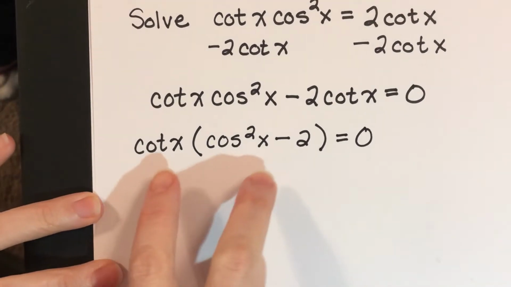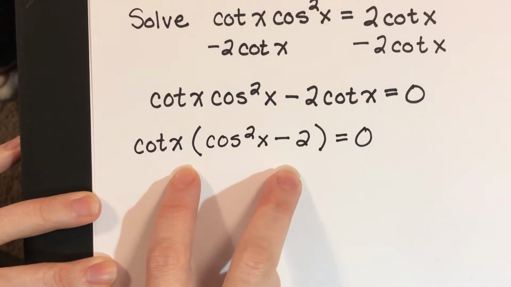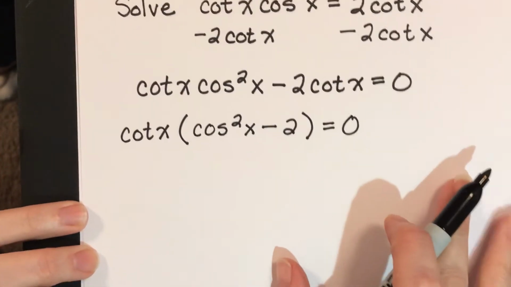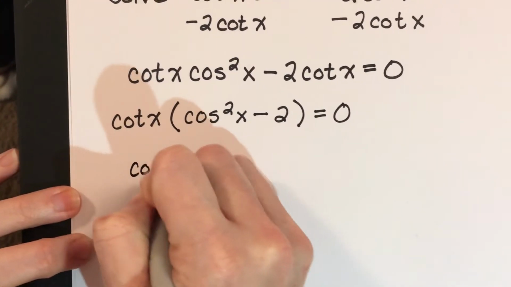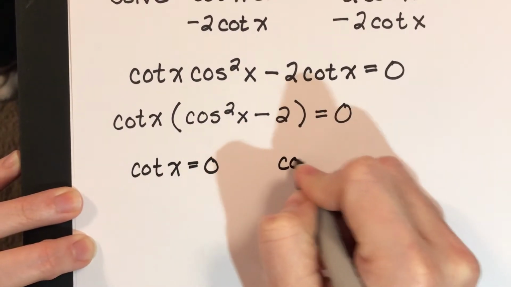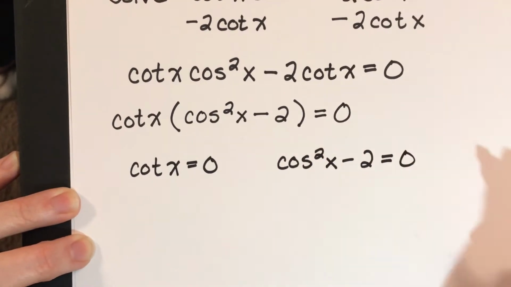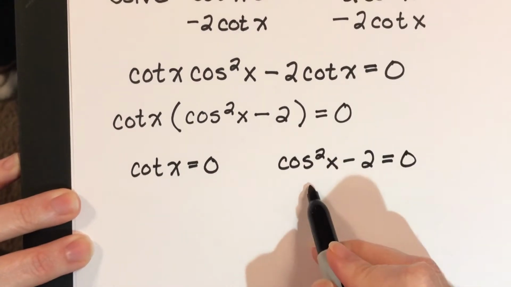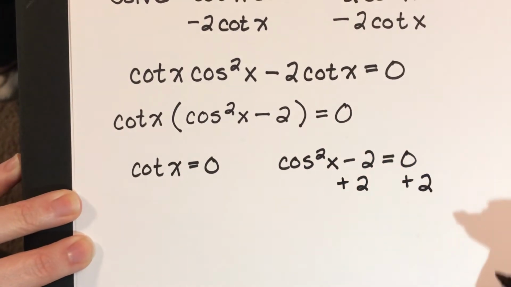Now at this point, we can set both of these equal to 0 and solve these. So cotangent x equals 0 and cosine squared x minus 2 equals 0. And we can finish this one out. Add 2 to both sides.